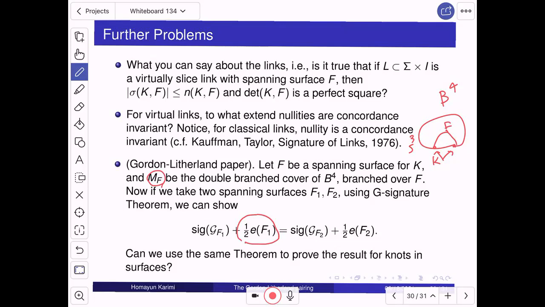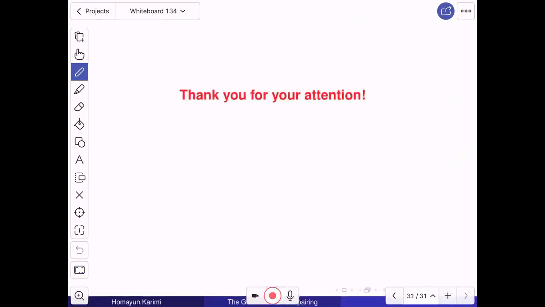But their proof is based on the G-signature theorem. So the question is, can you use that approach in this setting too? So can you use something like the G-signature theorem to prove this theorem in this setting as well? So these are all the things I wanted to say today, and thank you for your attention.